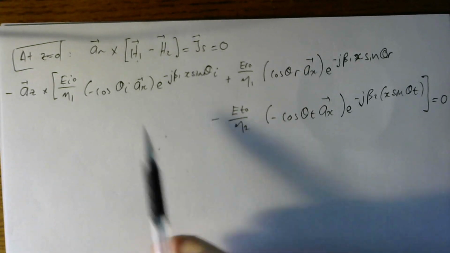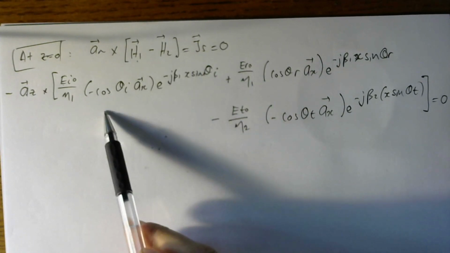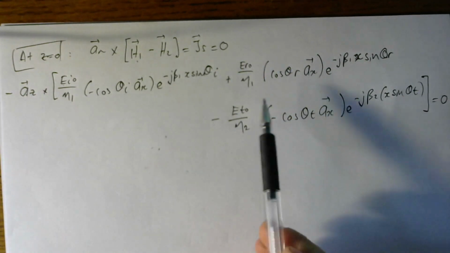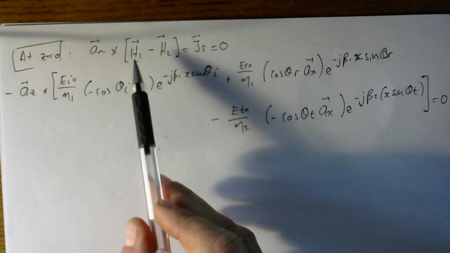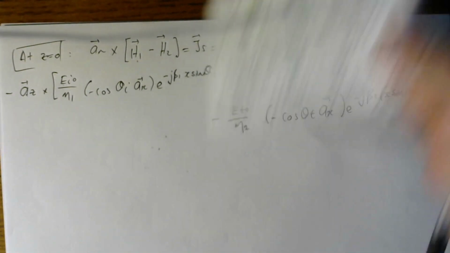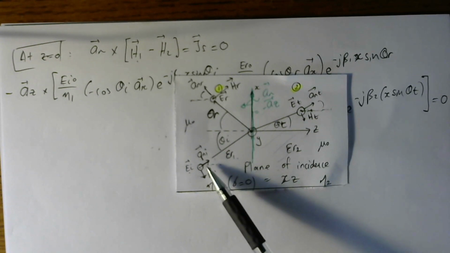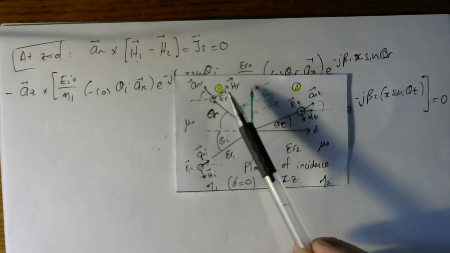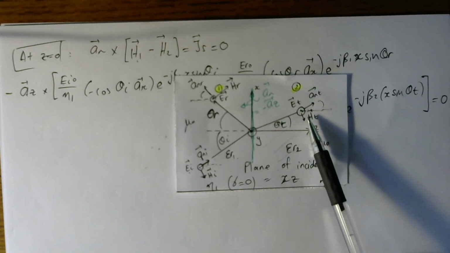So this was just the substitution for H1, which is HI plus HR, and H2 is HT. Look here: H1 is that magnetic field plus that magnetic field, and in H2 I have that magnetic field over here.